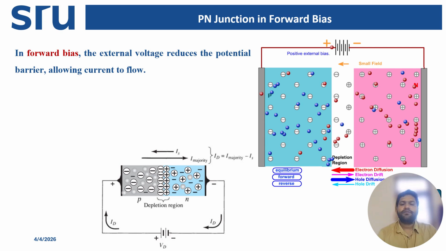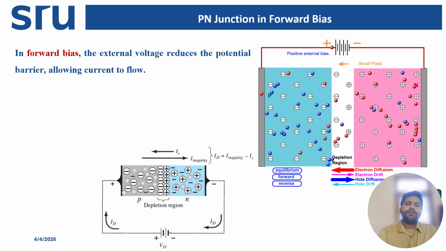The current increases rapidly with a small increase in voltage. This is why the forward characteristic curve of the diode rises sharply after the cut-in voltage. That cut-in voltage is 0.7 volts for silicon and 0.3 volts for germanium. Depending upon the material, the cut-in voltage will be different.